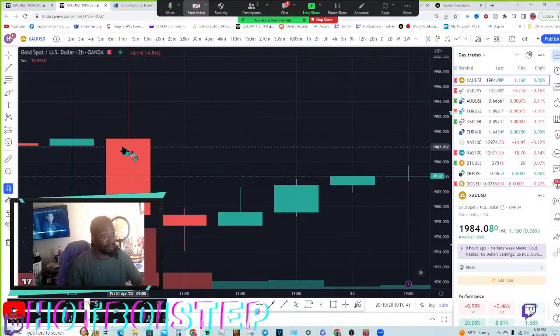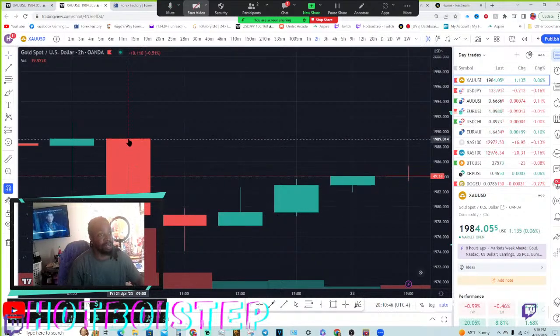But we have these lines on top of the candles called wicks, and these wicks just signify that the price went there somewhere within this time frame. Like for this red candle, it started off at 1989 and ended at 1978.